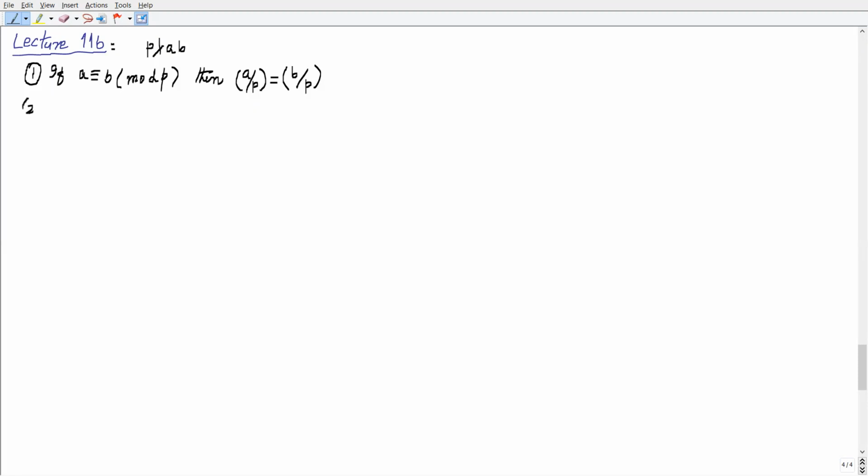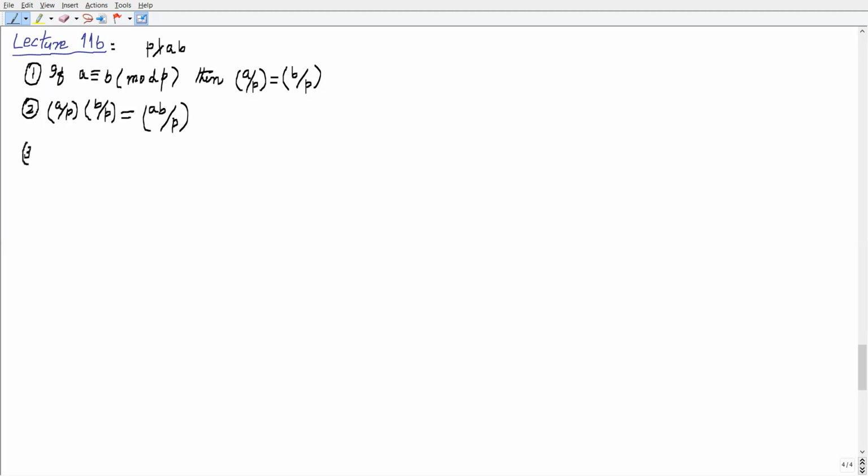The second part of the theorem is that the Legendre symbol of a over p times the Legendre symbol of b over p is the same as the Legendre symbol of the product ab.